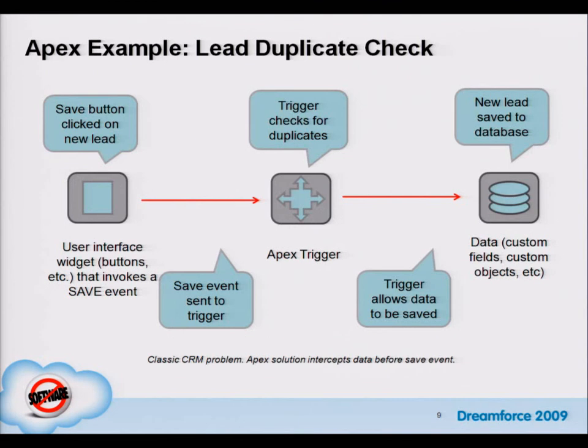So one of the common examples of using Apex is to attach a trigger to a database save or to an object. So if I have, like in my sample recruiting app, a candidate object, I can put a trigger associated with the candidate object. So if the object is saved through clicking a save button, or a lead in this example, the system will automatically run that trigger, my Apex code block, when a database update takes place.